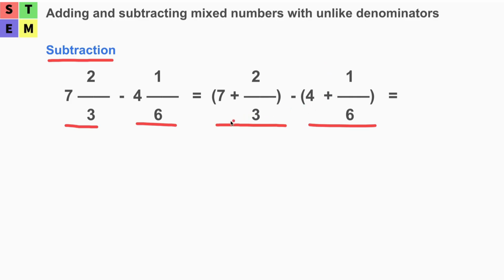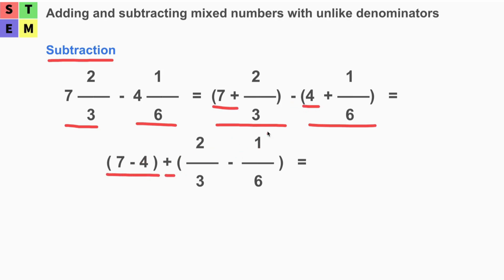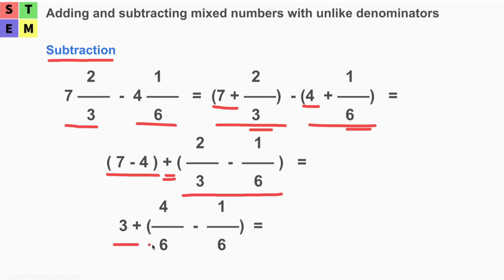Again, we're gonna do a switch. So we got 7 minus 4 first, and plus 2 over 3 minus 1 over 6. We're gonna calculate that together and then add them together. So there will be 3 plus, we find the least common denominators there and do the subtraction, right?